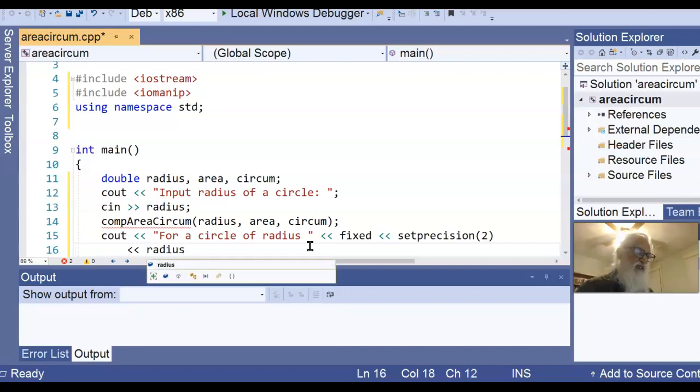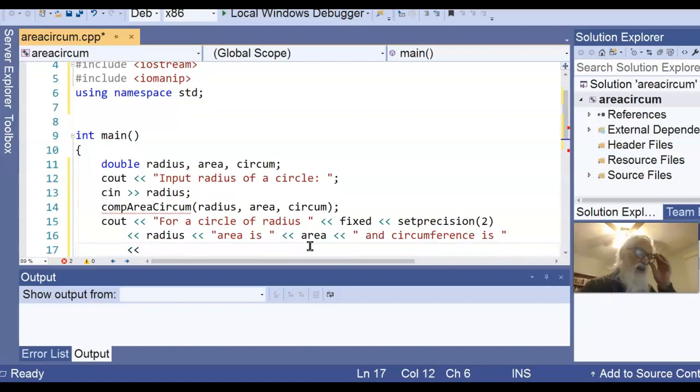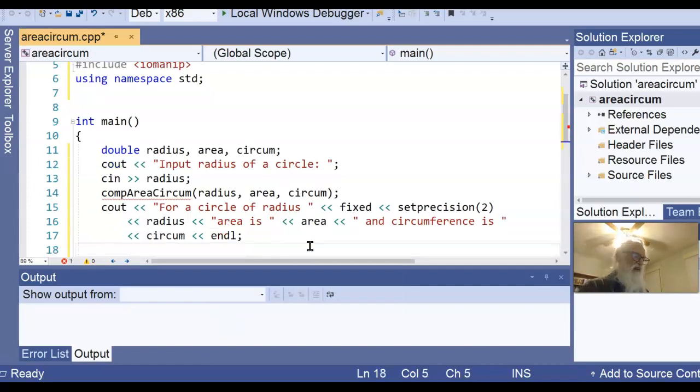I won't bother putting a setw. Area is, and I'll put out area, and circumference is, and I'll put out circum and the endl, and then my return 0.